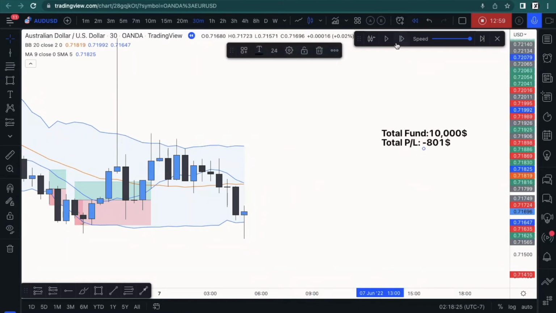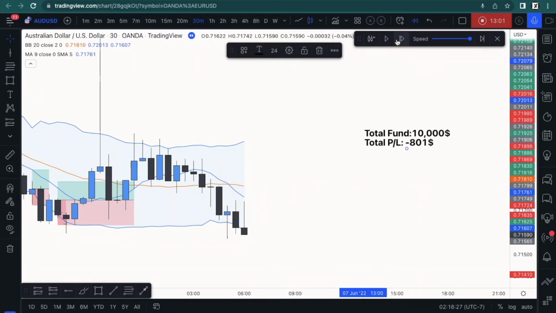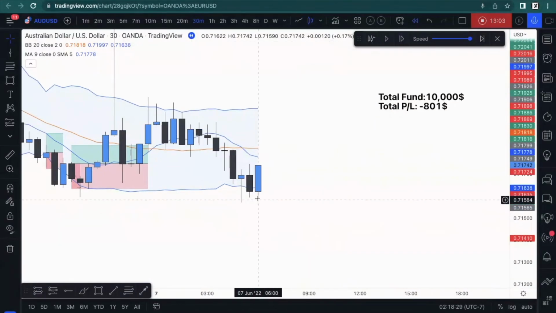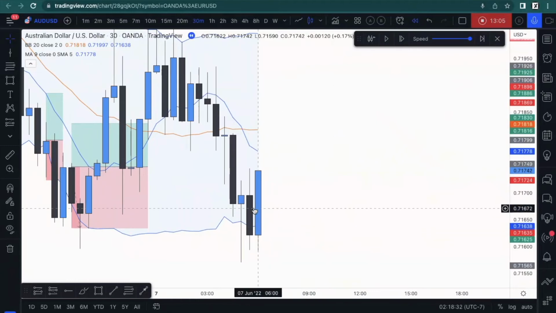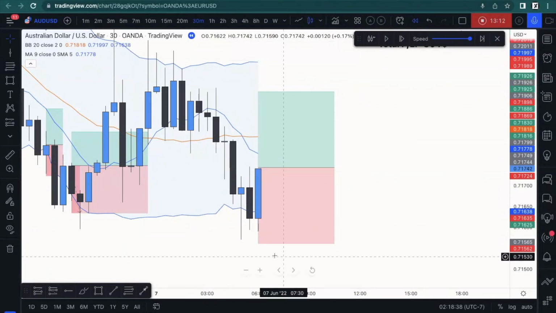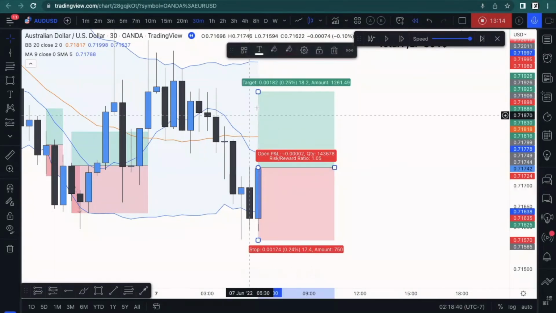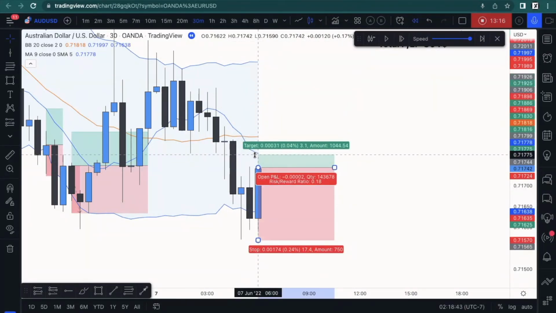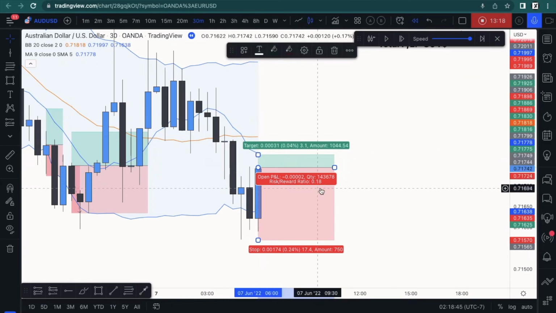Okay, no, weak rejection. Right here, price did close below and then above. I know I could take this entry, but I know that this is going to be bad risk to reward, risking $100 just to make $18.